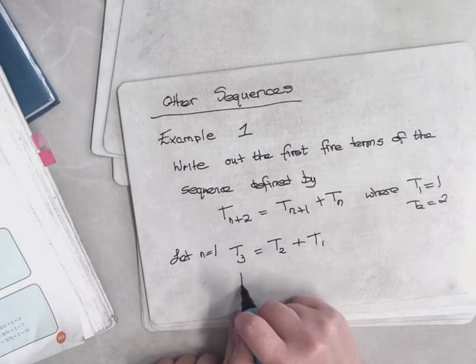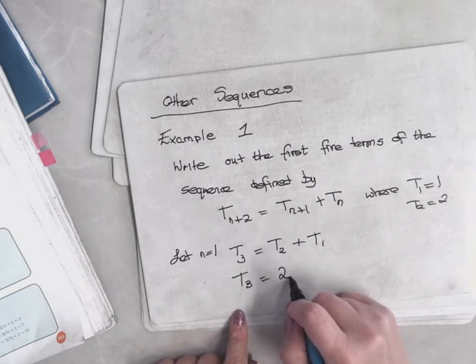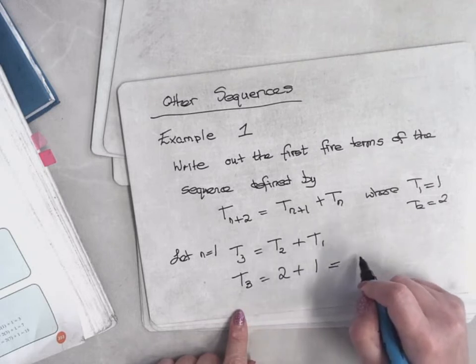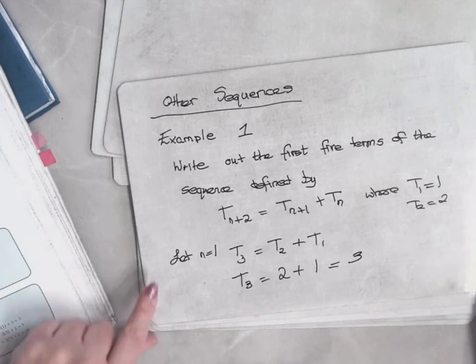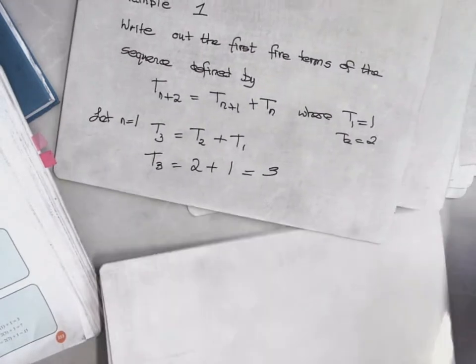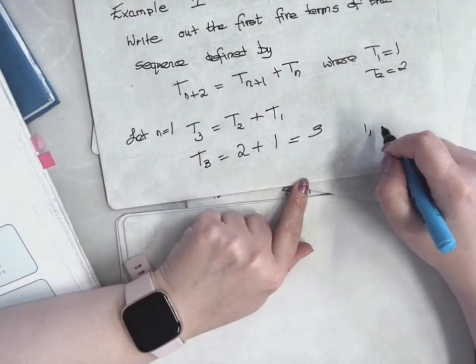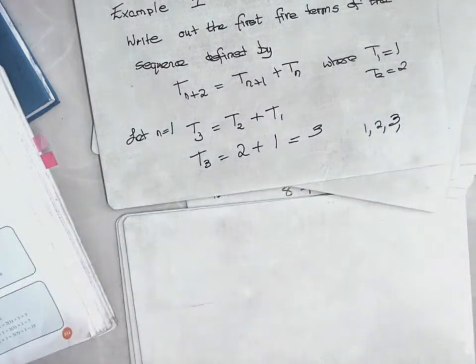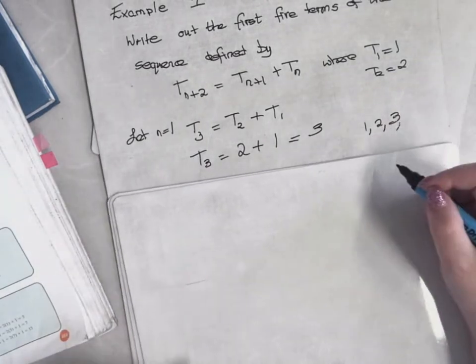Term number 2 is 2, and term number 1 is 1, so term number 3 is 3. I need the first 5 terms. The first term is 1, the second is 2, the next is 3. It's not linear, it's not geometric, this is the pattern, so we can't just assume what the next one is.